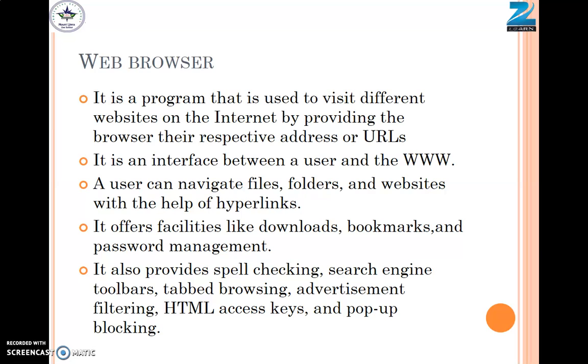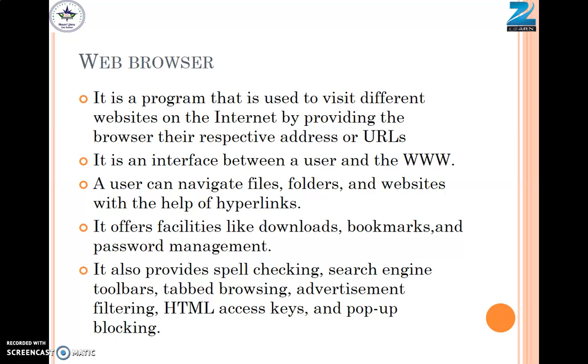Web browser. All of us are using different web browsers, like Chrome, Mozilla Firefox. Many web browsers are there. It is a program that is used to visit different websites on the internet by providing the browser their respective addresses or URLs. It is an interface between a user and the World Wide Web.